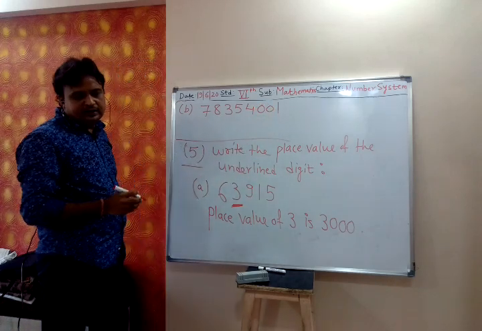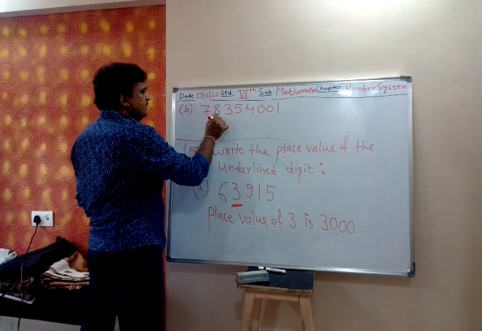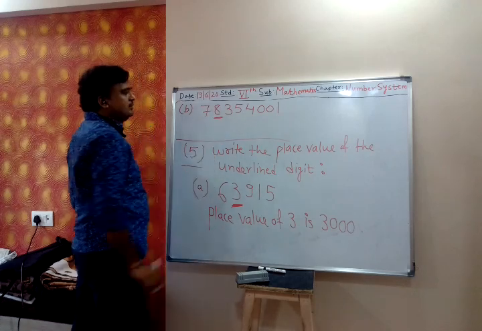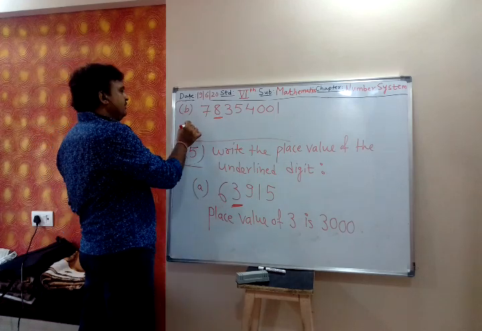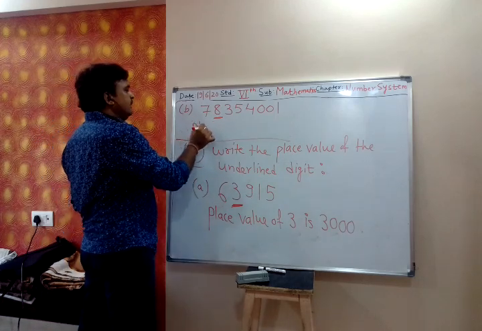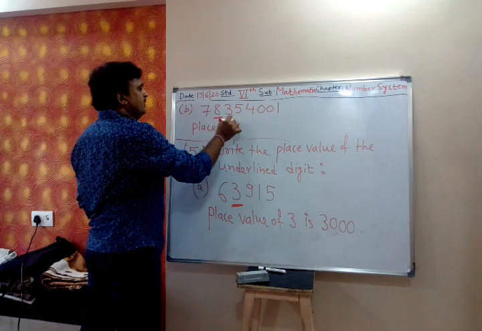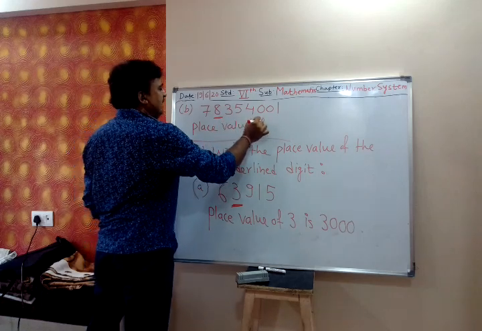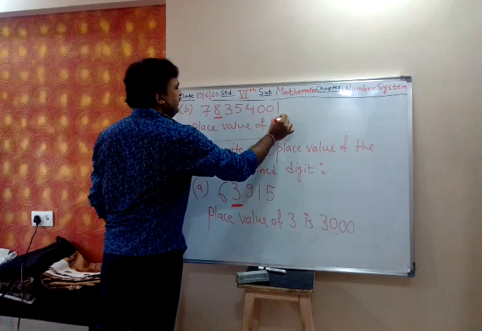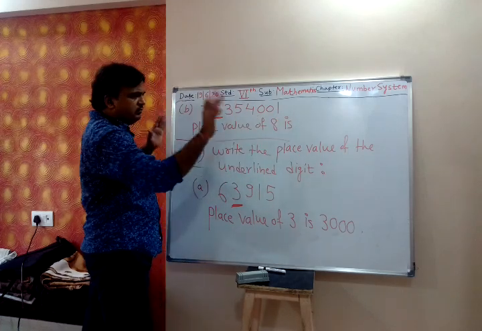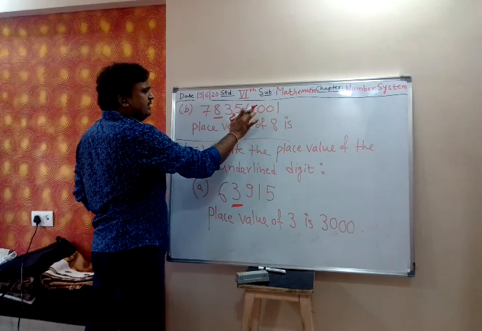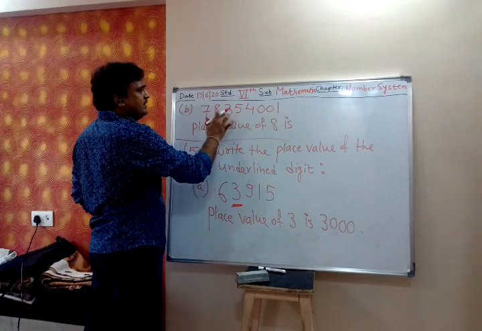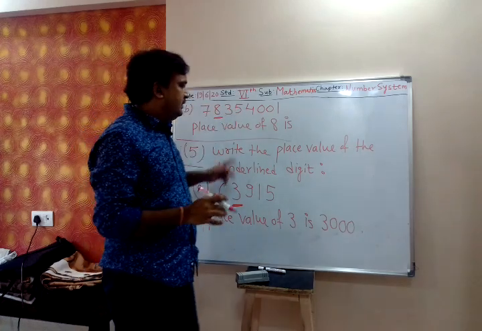The underlined digit is 8. What is the place value? So we write the place value of 8. Ones, tens, hundreds, thousands, ten thousands, lakhs, ten lakhs.